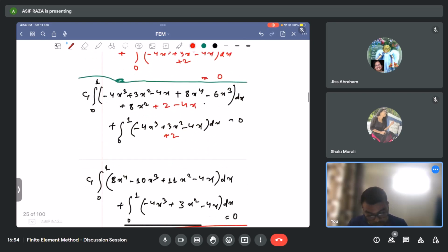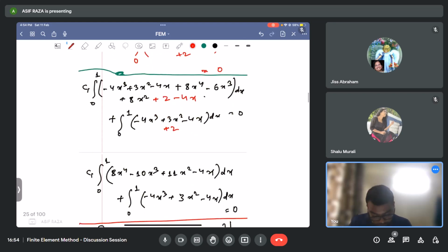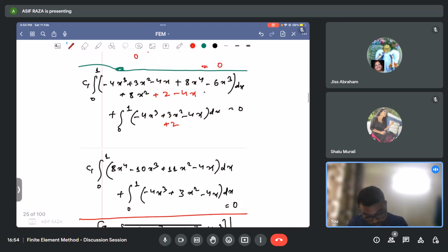Now when I correct this thing, we have an addition of minus 4x plus 2, and here only plus 2.